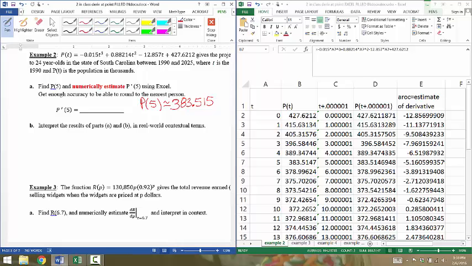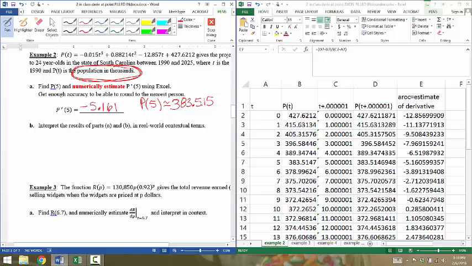And it says p prime of 5 is approximately negative 5.161. Now I rounded those values to 3 places because it tells me that the population is in thousands.